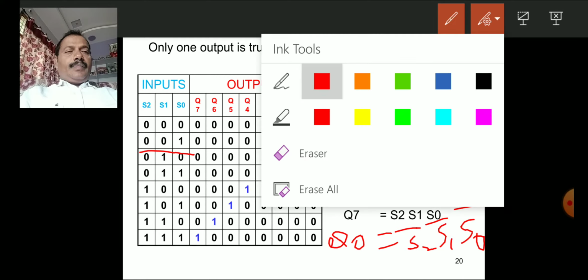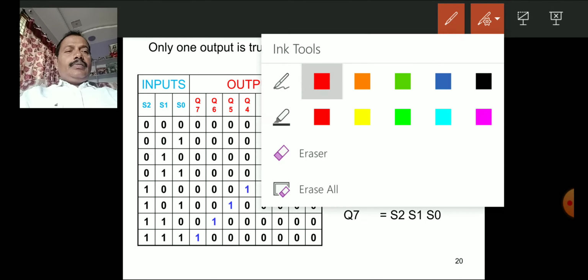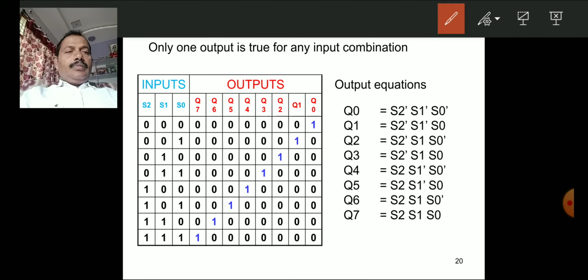Next, Q2. Q2 is S2 bar, S1, S0 bar, because Q2 is 1 for this input combination.